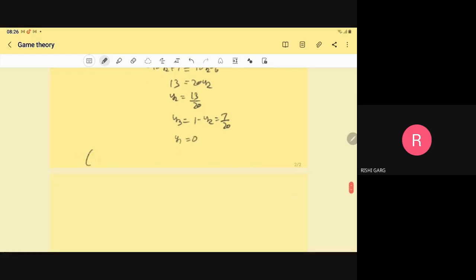It means the optimal strategy is that player B must use the alternatives b1, b2, b3 with probability 0, 13 by 20 and 7 by 20, and player A must use the alternatives a1, a2 with probability half and half, and the value of the game will come as a half. So that is the solution.